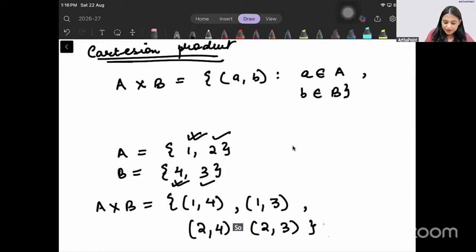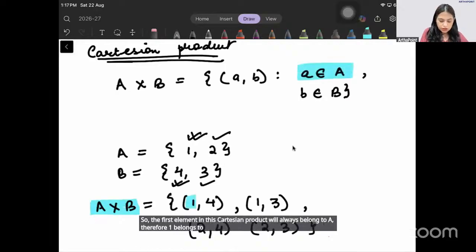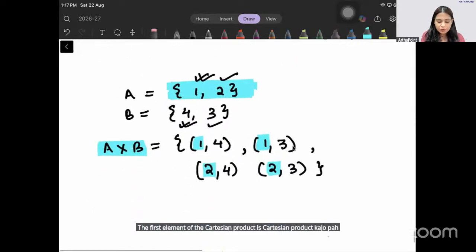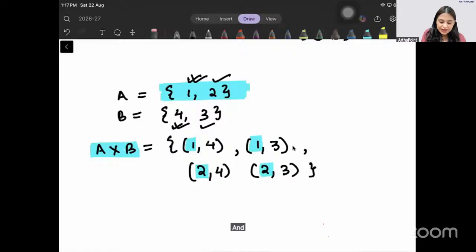So the first element in this Cartesian product will always belong to A. देखो 1 belongs to A, 1 belongs to A, 2 belongs to A, 2 belongs to A. Cartesian product का जो पहला element होगा that will belong to A. And the second element 4 belongs to B, 3 belongs to B, 4 belongs to B, 3 belongs to B. The second element will always belong to the second set.